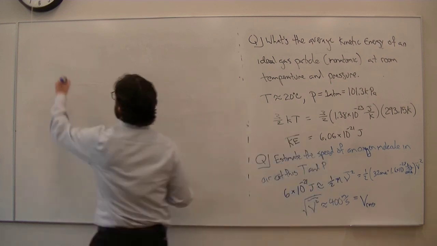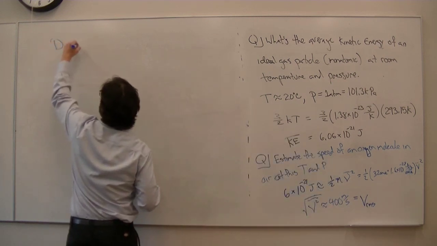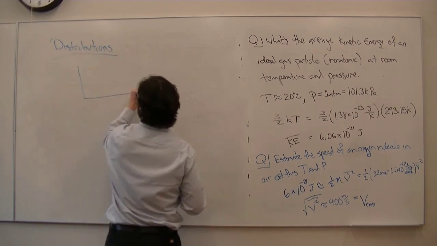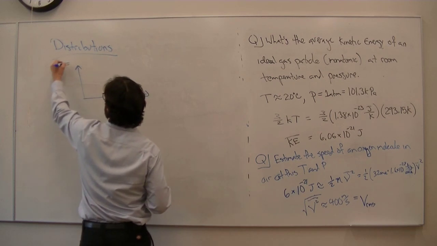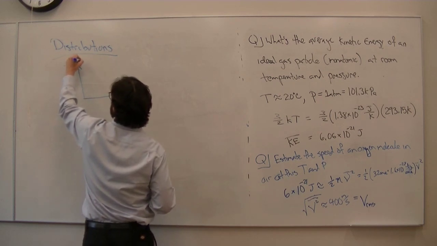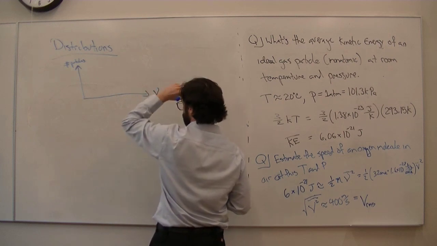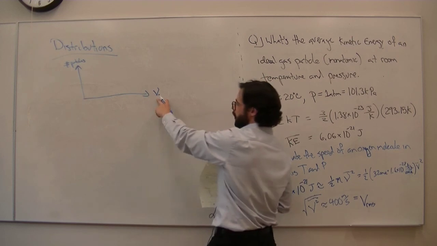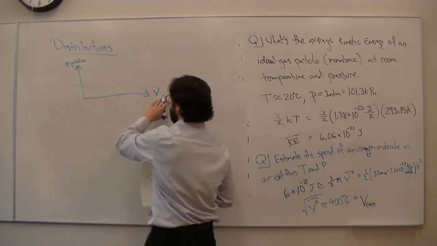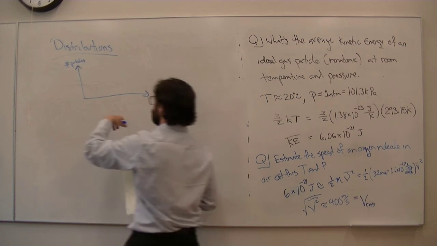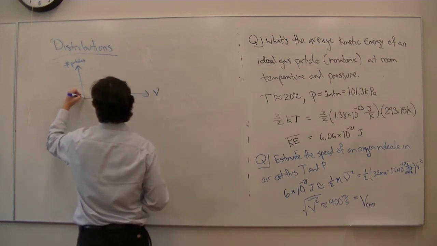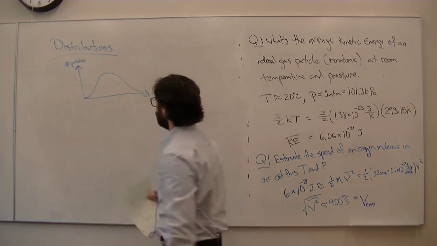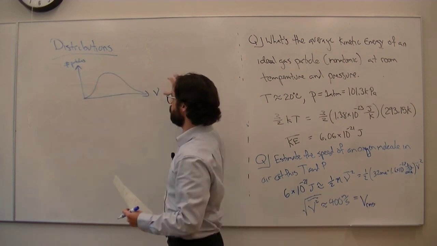If you looked at the actual distribution of particles at some particular speed, and speed has an x, a y and a z component, and speed is always positive, it's just the magnitude of velocity, you'd get something, in oxygen or any other type of gas, that looked like this, and if you heated it up, the whole thing would shift to the right.